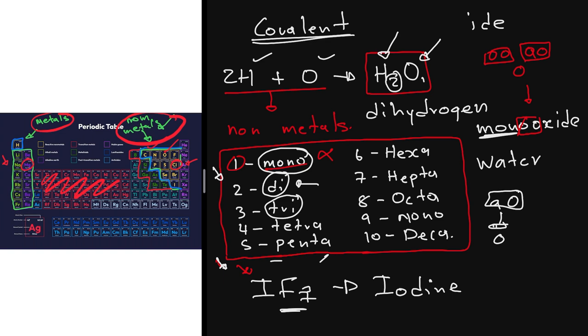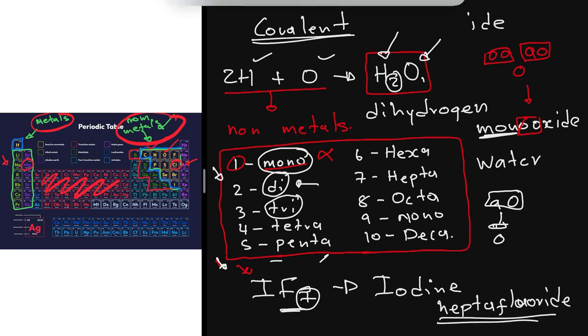But how many fluorines do we have? We have 7 of them. And 7 means what? 7 means hepta. So this is going to be iodine heptafluoride. Okay, so that is how you label molecular compounds. That is all for this video. Thank you very much.